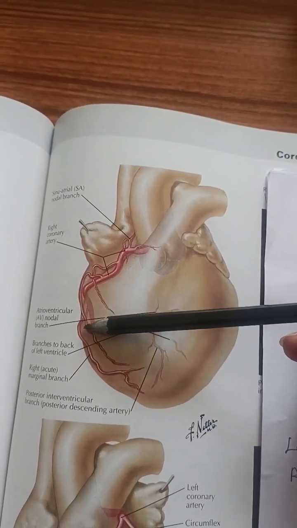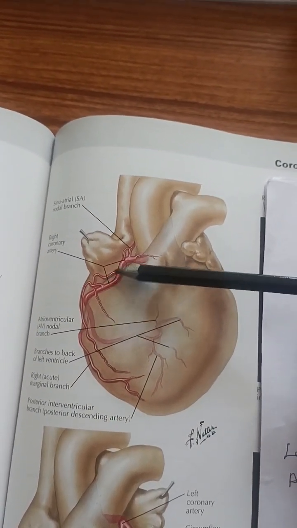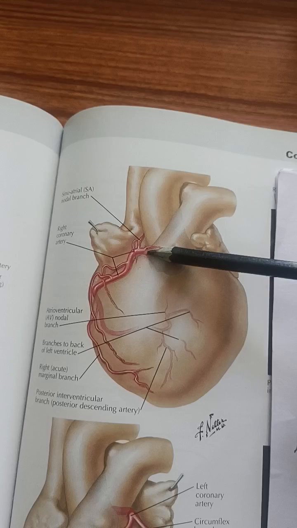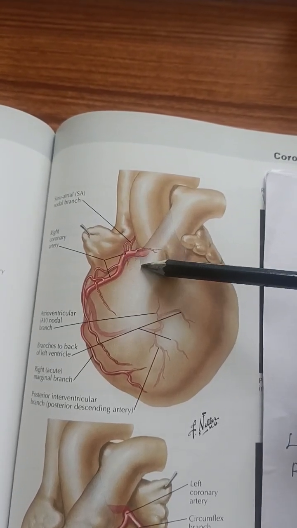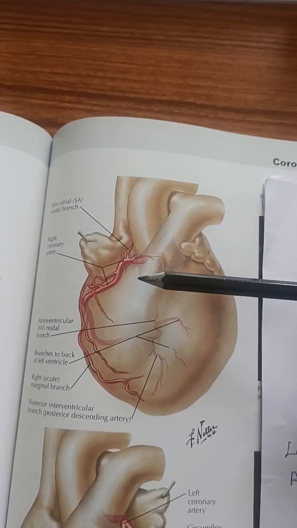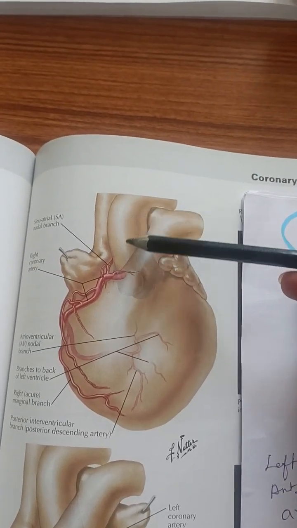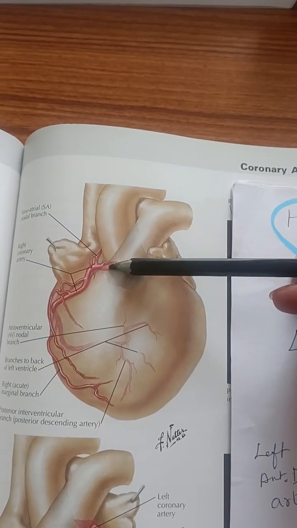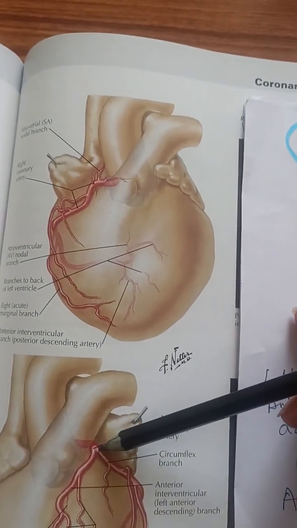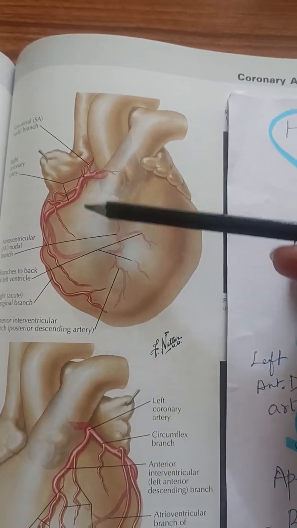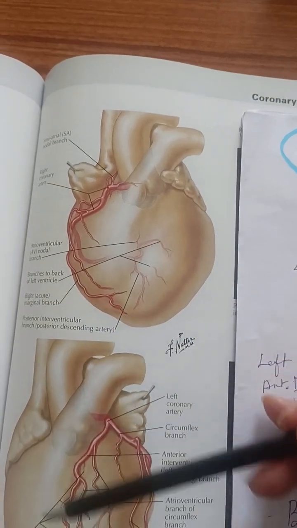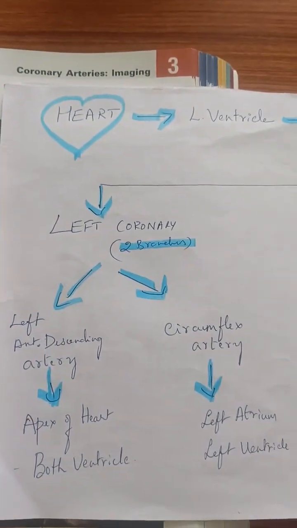So these two are the main branches from the right coronary artery. So this one is coming from the anterior aortic sinus of ascending aorta. So this is the ascending aorta. So you can see one here, the other one is here. So this is about the blood supply of the heart, which you can see here.